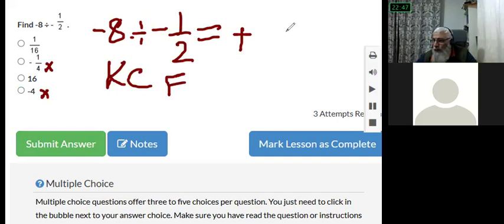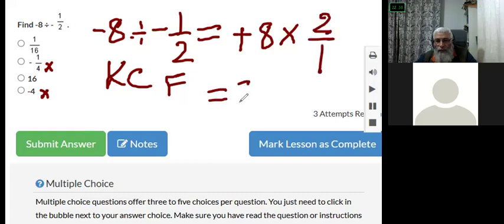You keep 8 and you flip 1 over 2 to 2 over 1, and change division to multiplication. So this is just 8 multiplied by 2, because 2 over 1 is just 2. What is 8 multiplied by 2? 16. Yes.